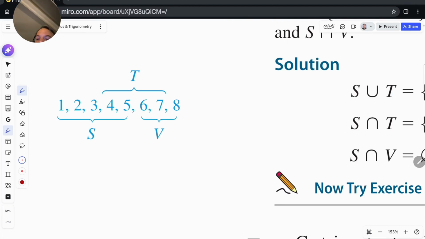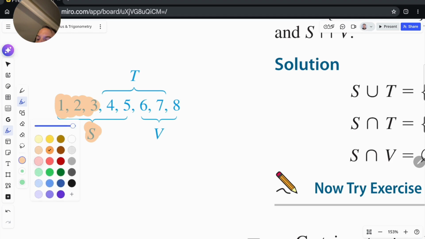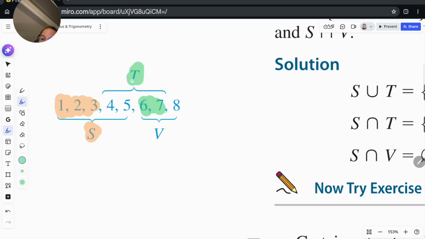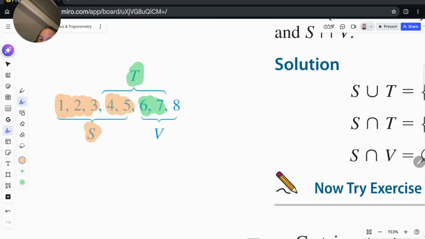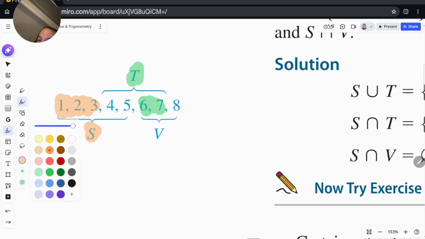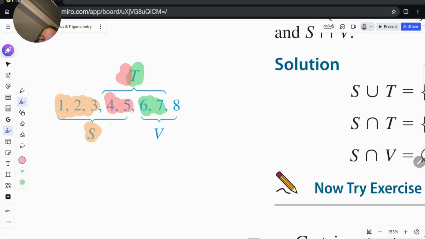1, 2, 3 are only in S. 6 and 7 are only in T. Four and 5 are in both. The union contains all of them.